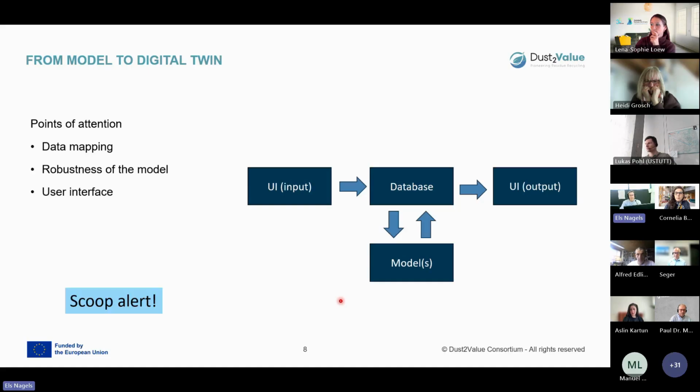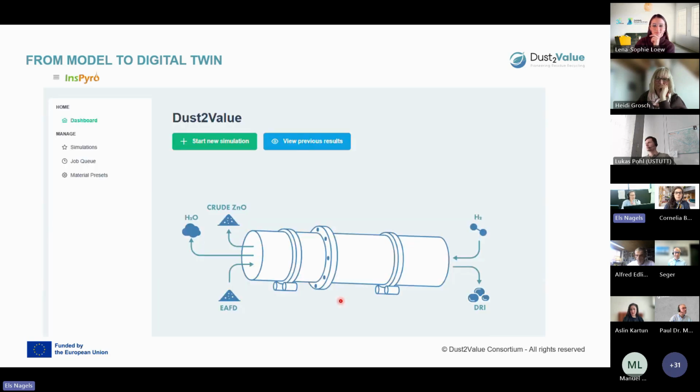Then I have a bit of a scoop, because this is the first time I'm actually going to show the real interface of the digital twin. It was just finished. So when the consortium partners log into the Dust2Value, this is what they will see. They will get a dashboard where they have the possibility to start a new simulation or view their previous scenarios.